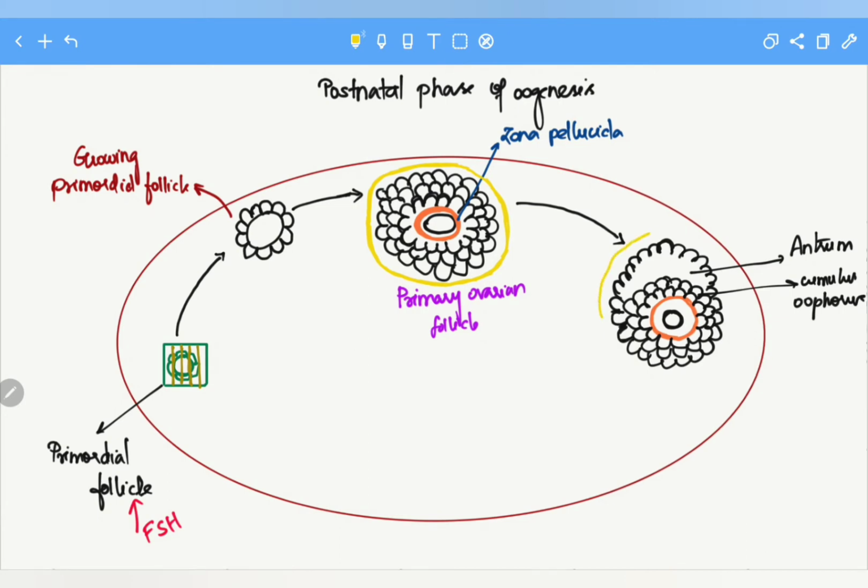Also at this stage the specialized connective tissue surrounding the follicle has completely developed, and it is called theca folliculi.